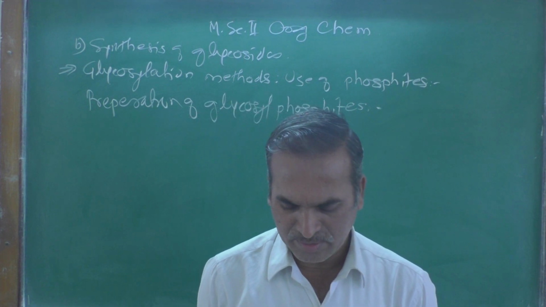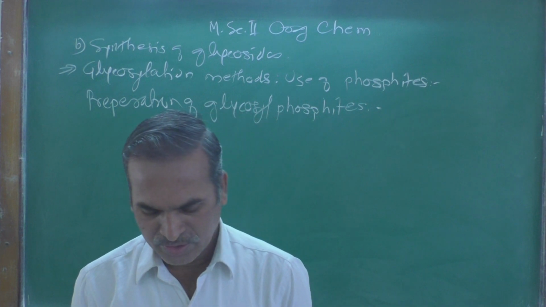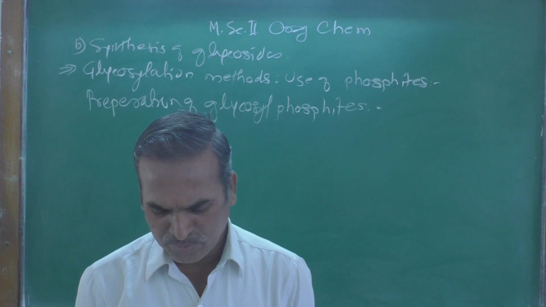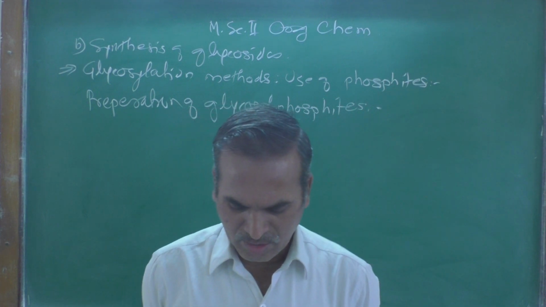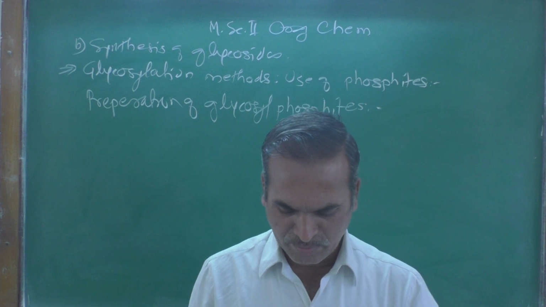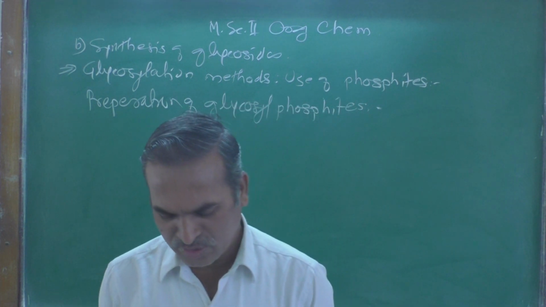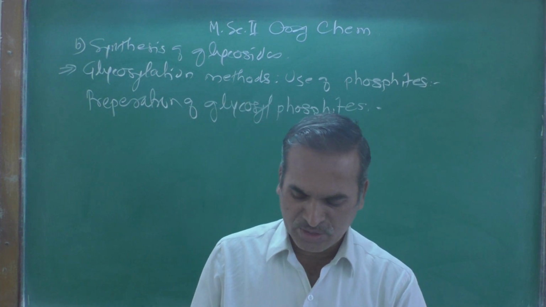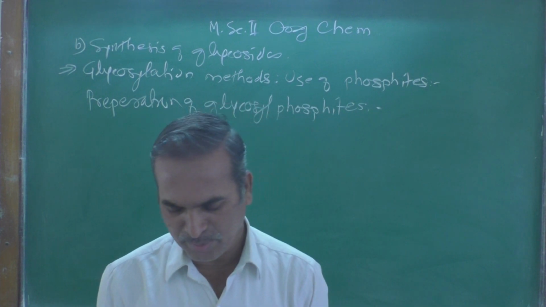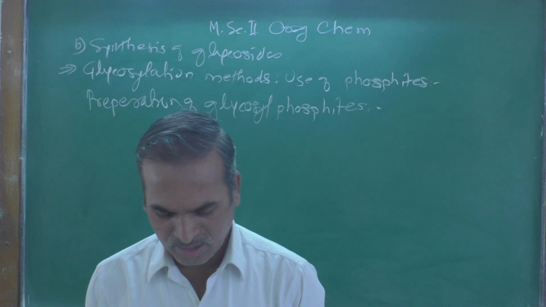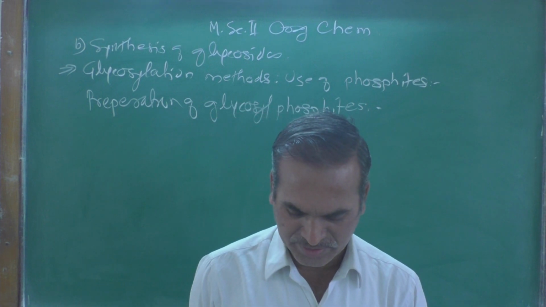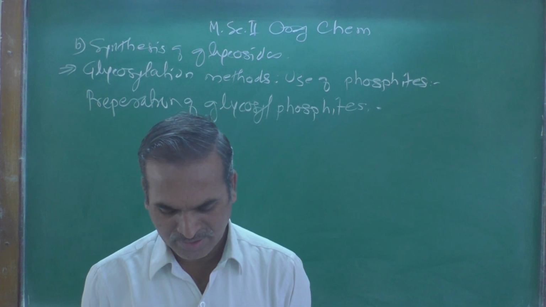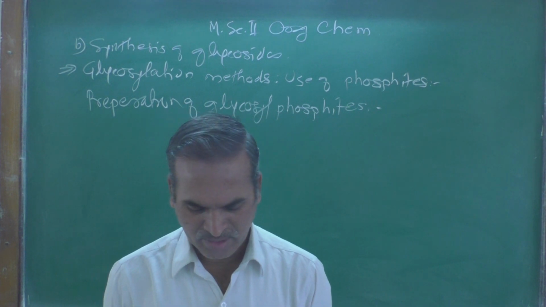or with dialkyl phosphorochloridites in the presence of a Hünig's base, and most phosphorylation reagents are commercially available, and both methods give glycosyl phosphites in high yield. Examples of glycosyl phosphites that can be prepared by these methods are dibenzyl phosphite, diethyl phosphite, and dimethyl phosphite.